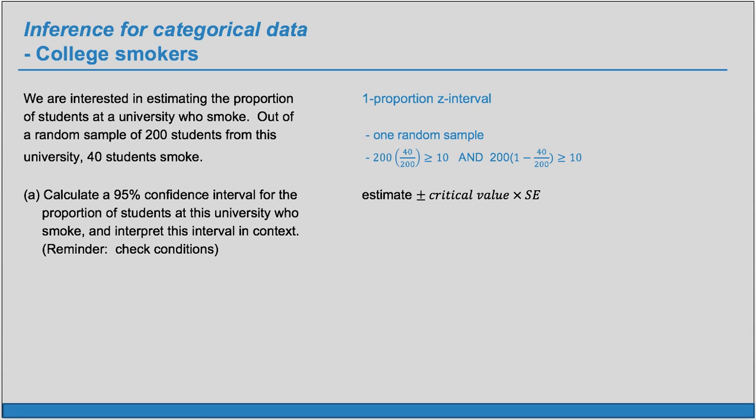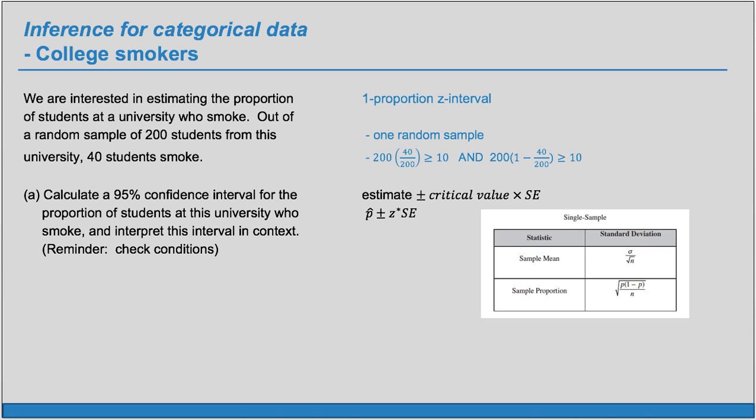So now we can set up the confidence interval. It's always the estimate plus or minus the critical value times the corresponding standard error. Our estimate for the true proportion is our sample proportion, denoted p-hat. Our critical value is z star, and if we're not sure of the structure for SE, we can grab a formula sheet, and for a single sample proportion, the standard error is the square root of p(1 minus p) over n.